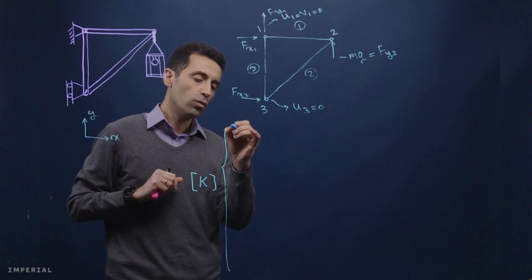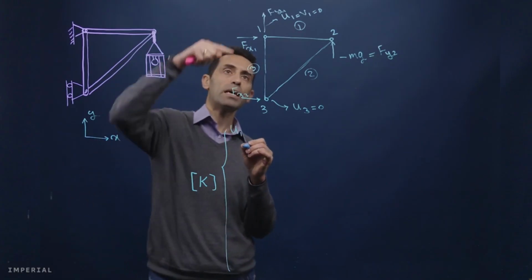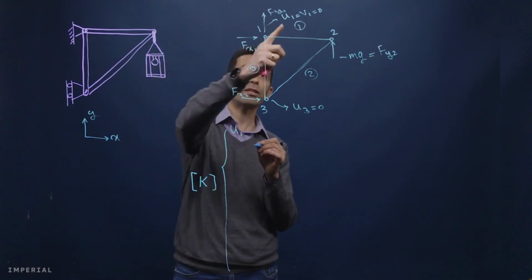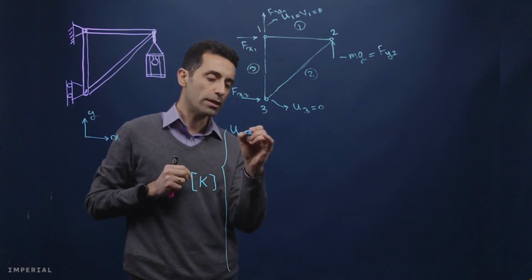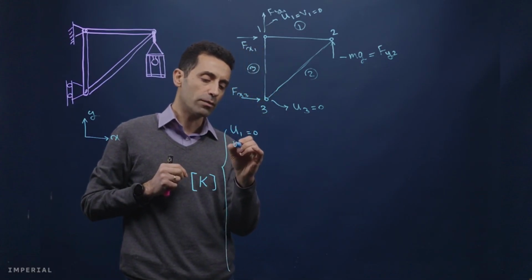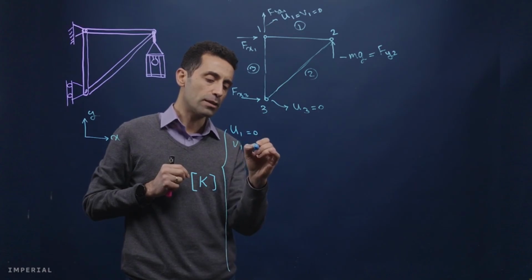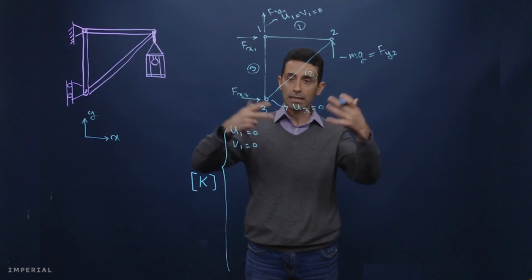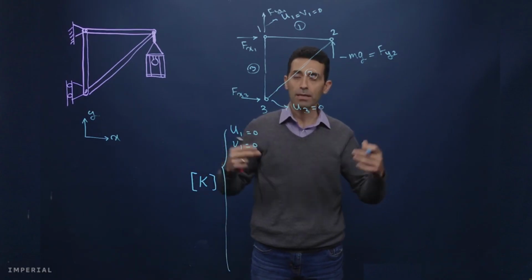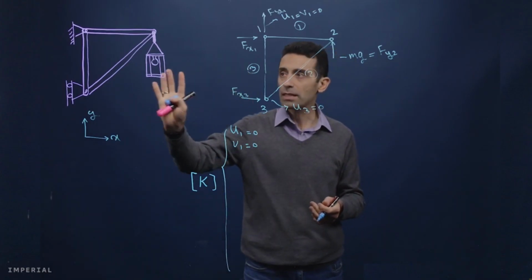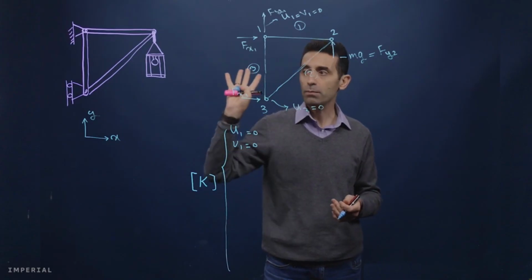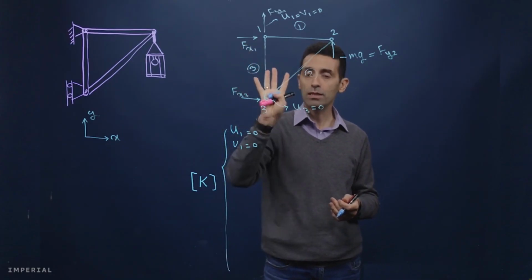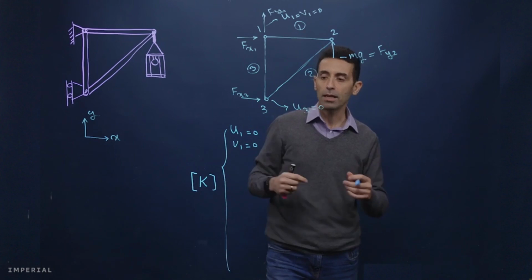So u1 is displacement in x direction in node 1, and we know that this is 0. We have v1, this is 0. Well, we are now considering this in the general 3D space, and our assumption is that all the degrees of freedom that are perpendicular to the surface are fixed.